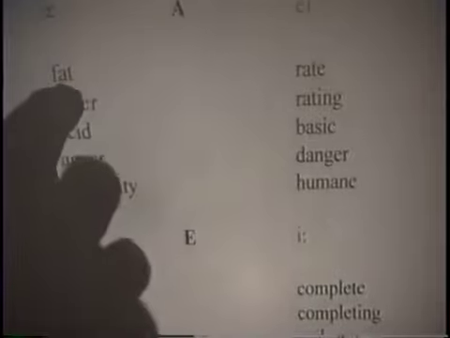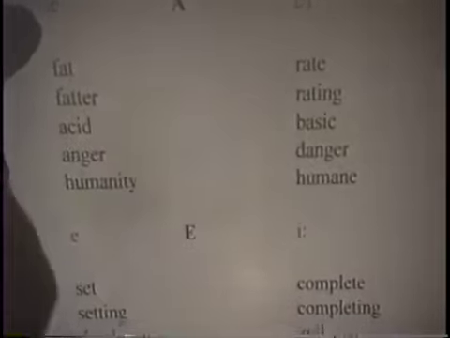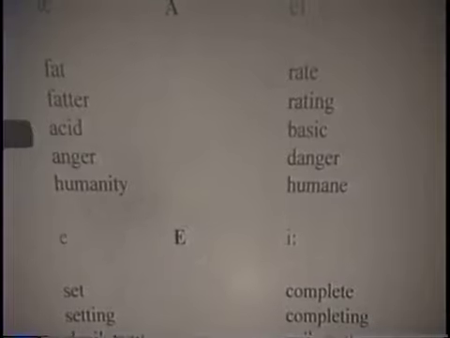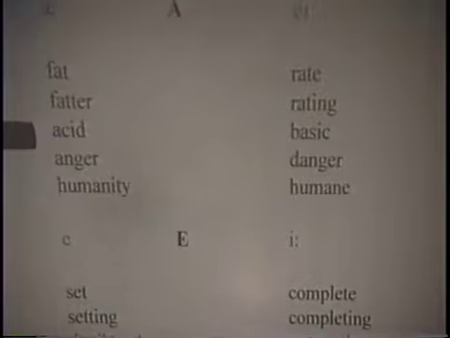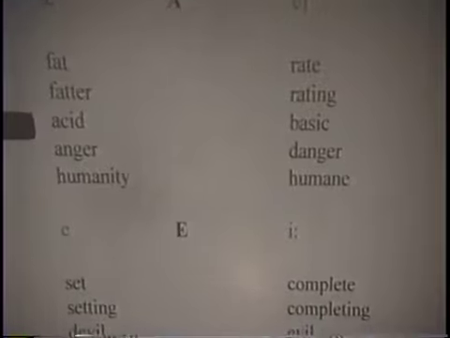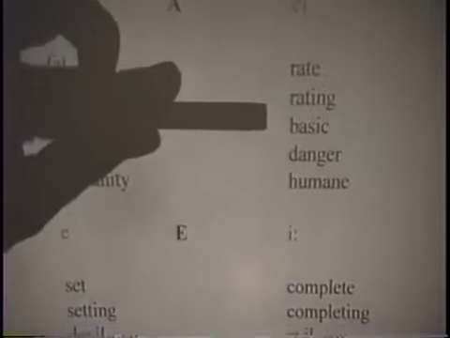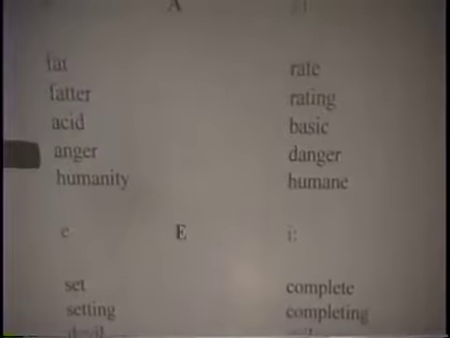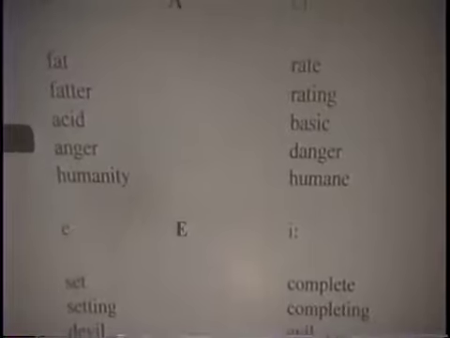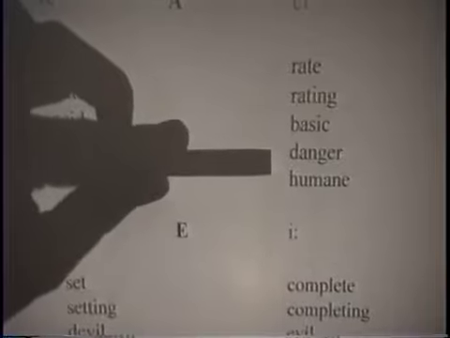So that the letters A-T on their own sometimes reflect one vowel and sometimes the other. This means that there's a real uncertainty. Does this mean short A or does it mean long A? So we have on the one hand acid, and on the other hand basic. We have on the one hand anger, but on the other hand danger.